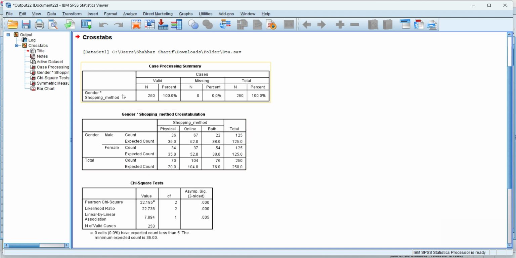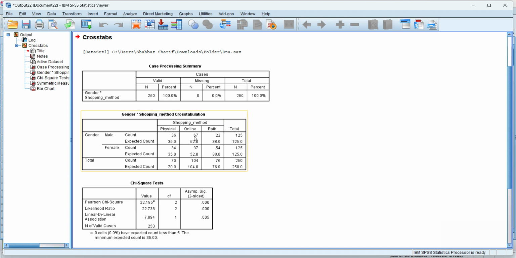You can see there are 250 samples with a 100% response rate, and then we come back to the gender-shopping method cross tabulation, where we found 36 males who were shopping physically, with an expected count of 35.